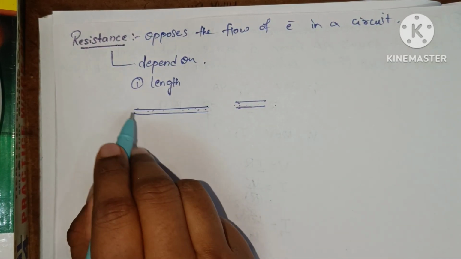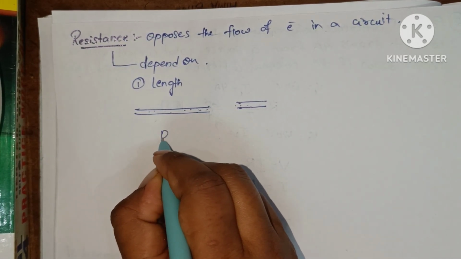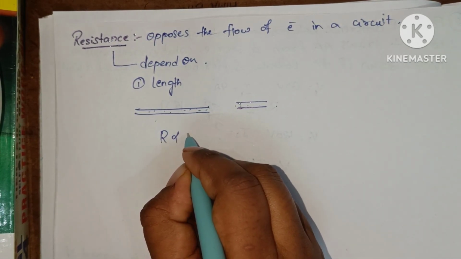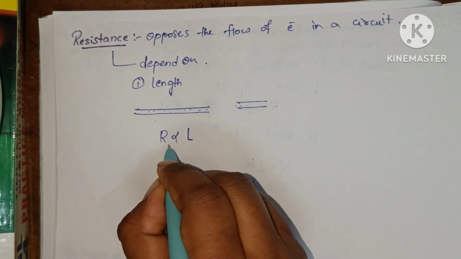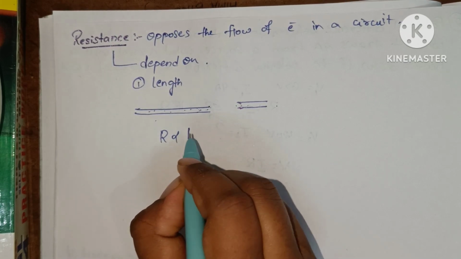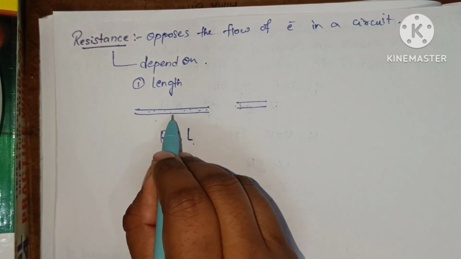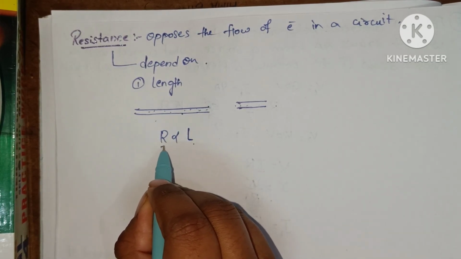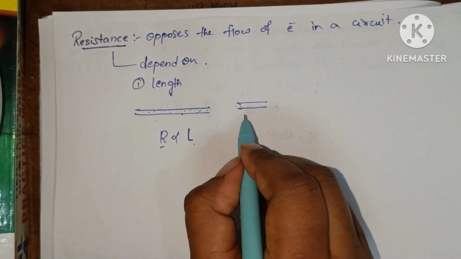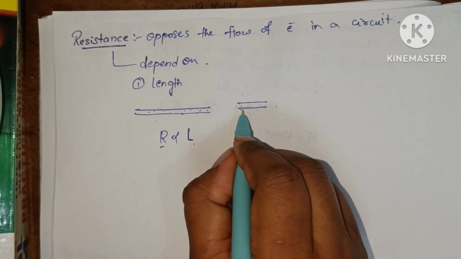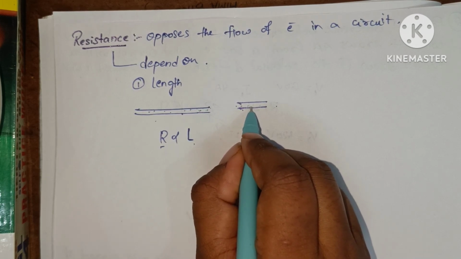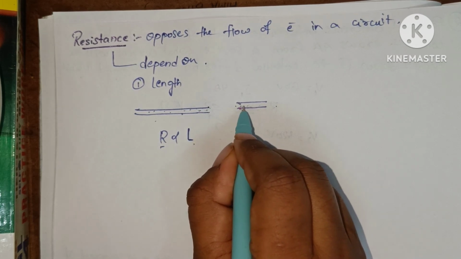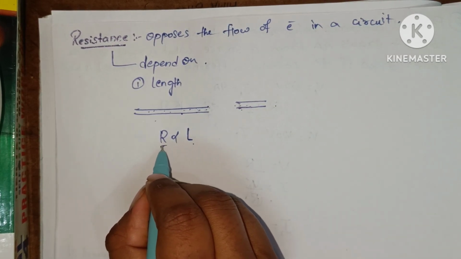That means the resistance depends directly on length. So resistance is directly proportional to length. As the length increases, more disturbances are created in the wire, so resistance increases. As the length decreases, the resistance is less, so the current can flow easily. Understood?